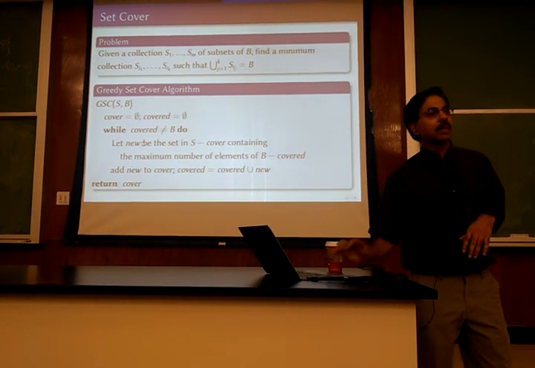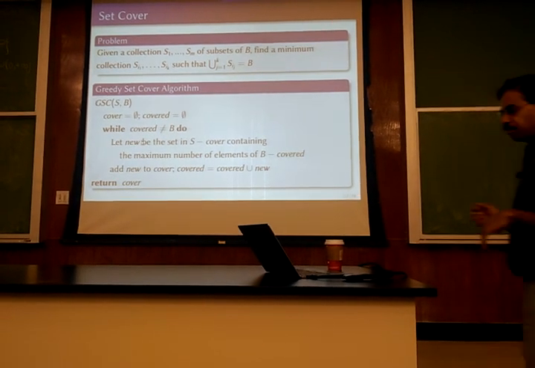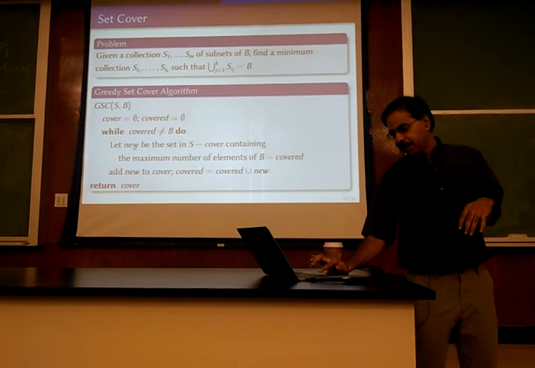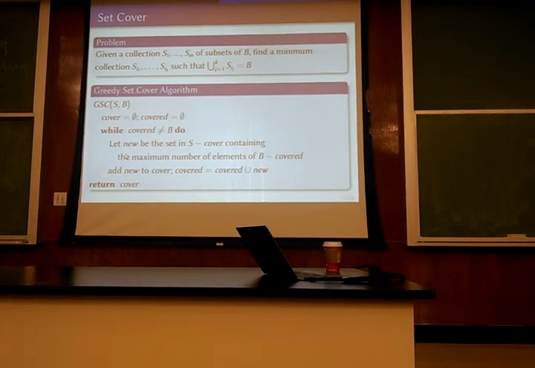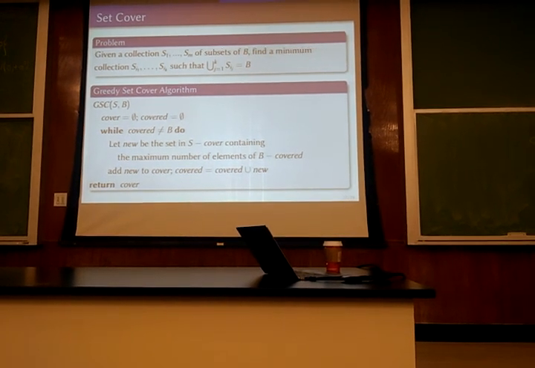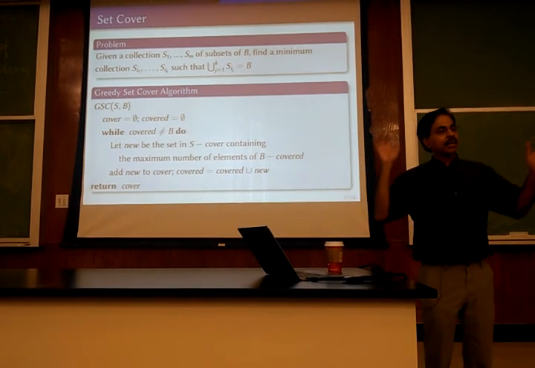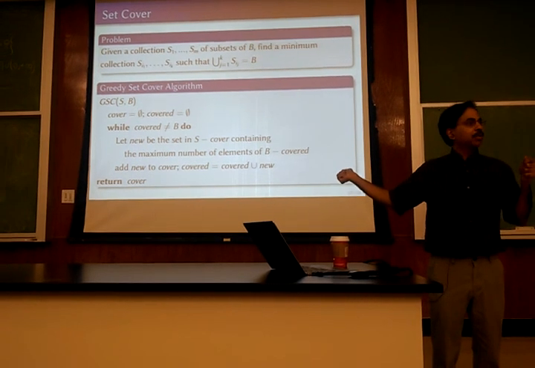So you pick something that has not been picked so far, and the way you pick it is so that the number of new elements that it brings to the cover is maximum. Right? So the idea is, you want to cover B as quickly as possible, and how do you do that? By making sure that each set you pick brings in enough new elements.